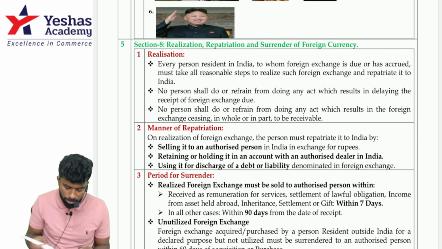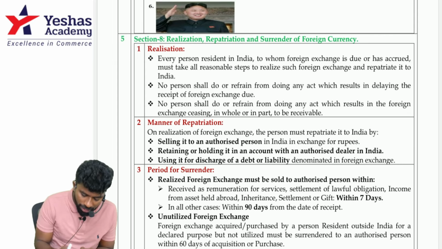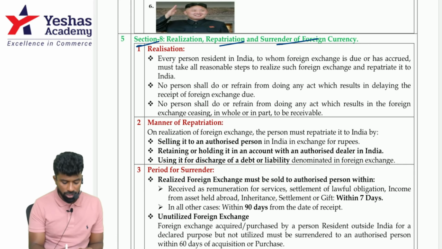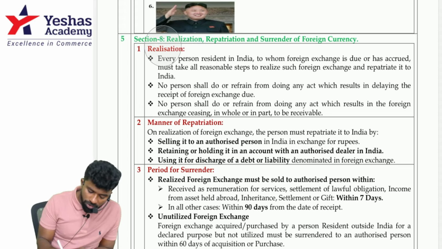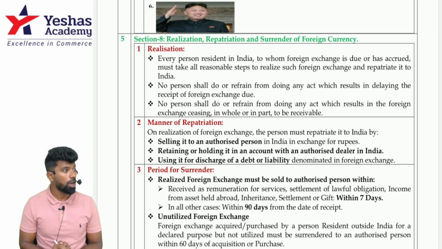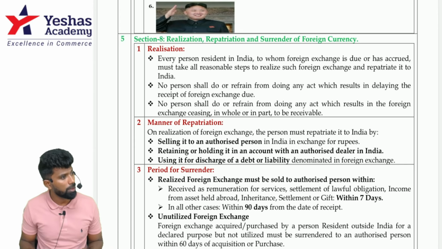Next one is Section 8: realization, repatriation and surrender of foreign currency. If you have earned any foreign exchange by export of goods or by providing services, are you supposed to repatriate it back to India? Yes.